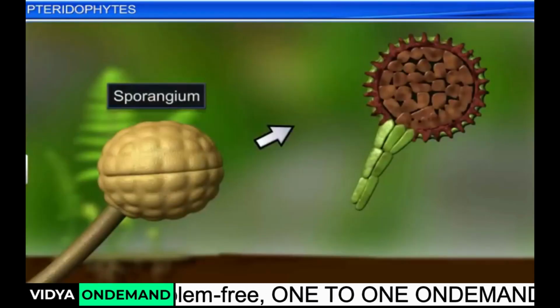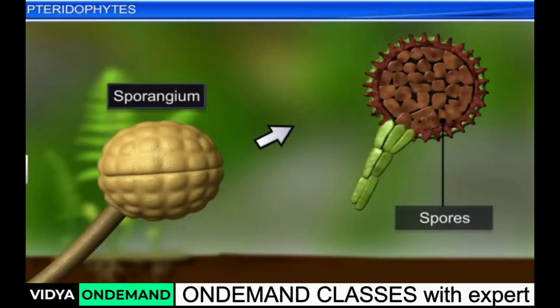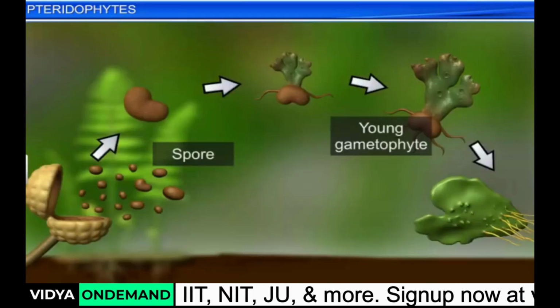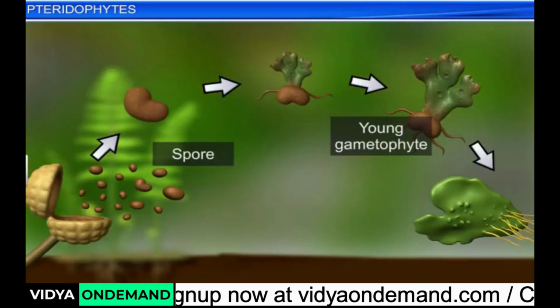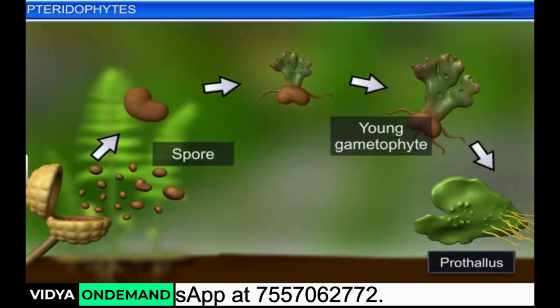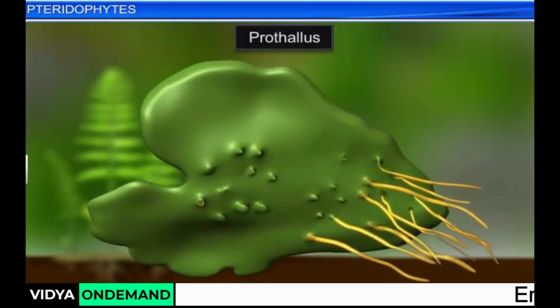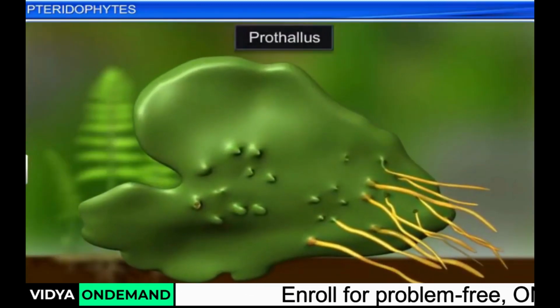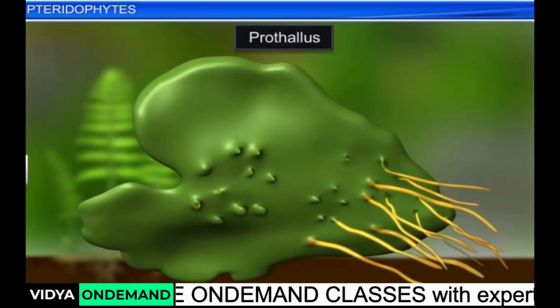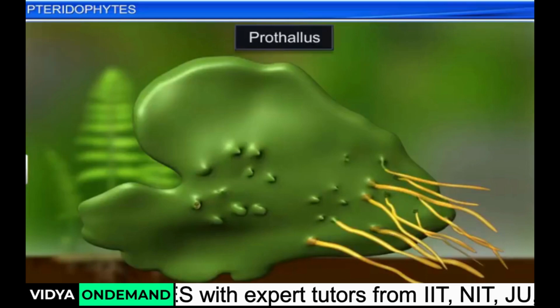The sporangia produce spores in spore mother cells by meiosis, which germinate into gametophytes called prothallus, a small, multicellular, free-living and mainly photosynthetic gametophyte which grows only in cool, damp and shady places.